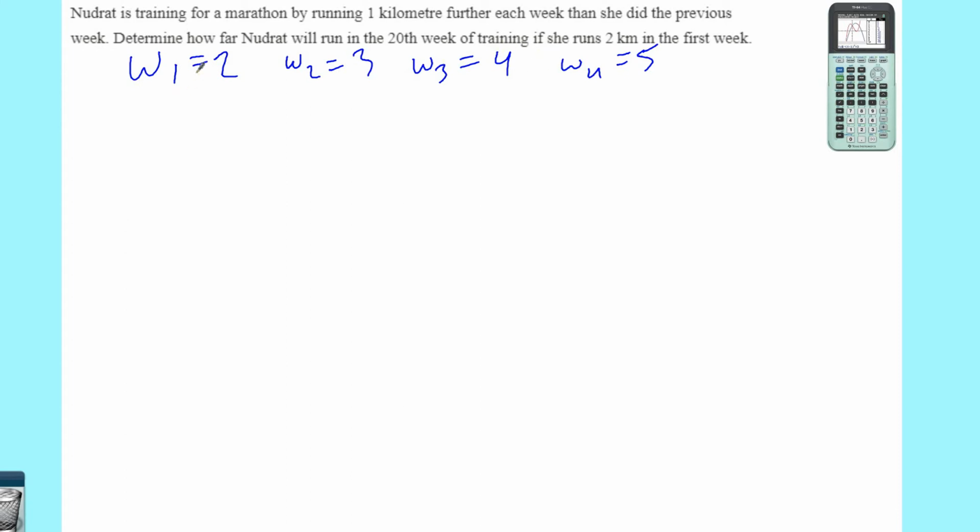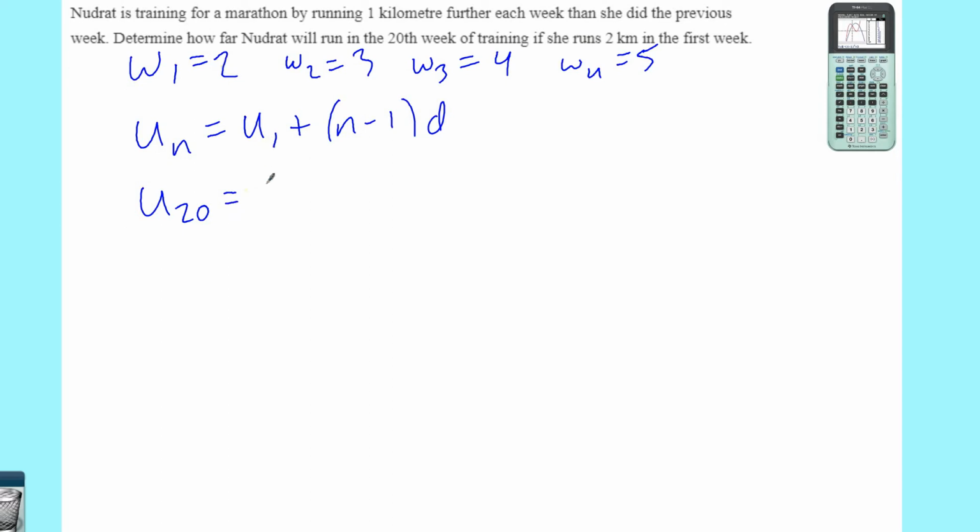Here we want to find the pattern. So we know the nth term equals the first term plus n minus 1 times d. And we want to find the 20th term.